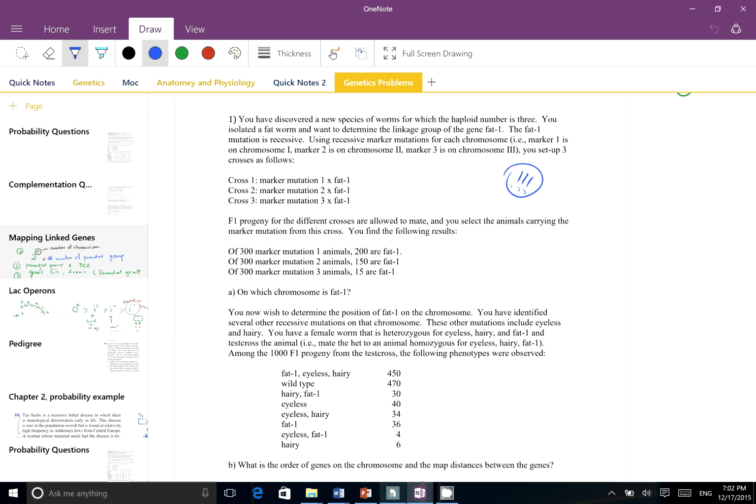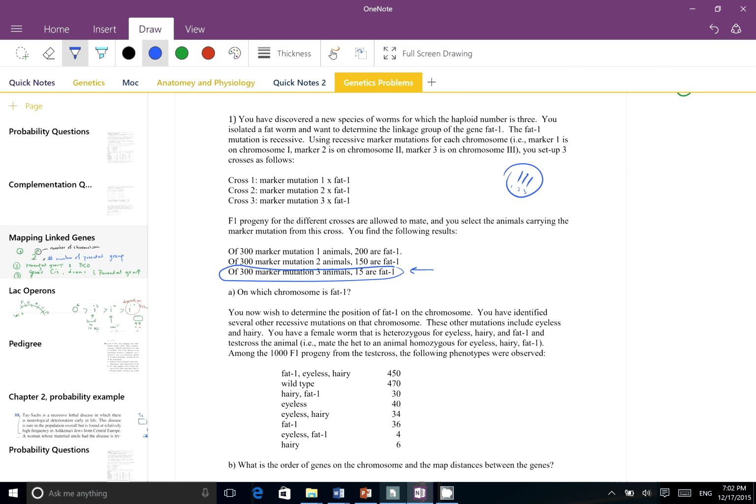You introduce markers on each chromosome and make those crosses, and the one that has the least number of crossing over is the chromosome that has your mutation.